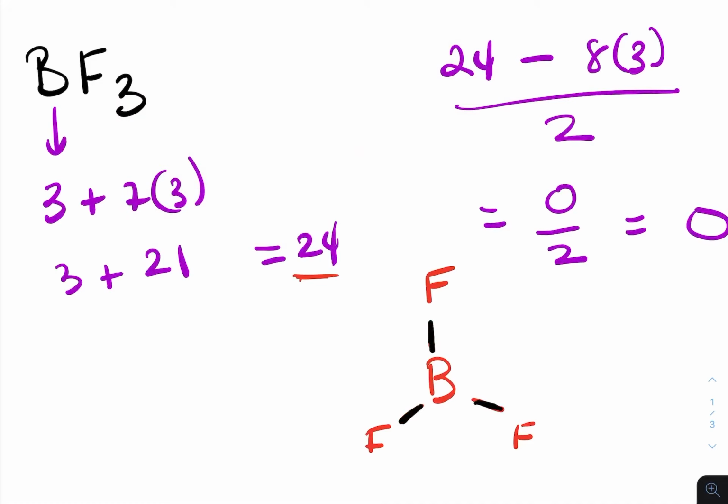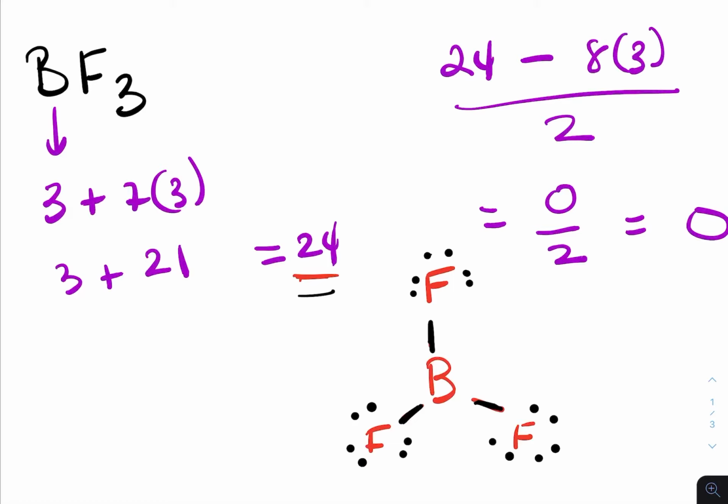We can continue 8, 10, 12, 14, 16, 18, 20, 22, and 24. And that's basically it. That's the total number of valence electrons. So that's how boron trifluoride would look.